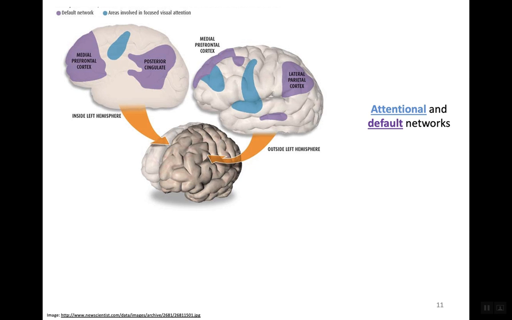What's interesting here is that our brains have a tendency to switch on and off between these two networks routinely. In more technical terms, these two networks are anti-correlated. We pay attention to something for a given amount of time, and then whether we want it or not, we disengage, and the default network kicks into play to allow what we refer to as daydreaming.